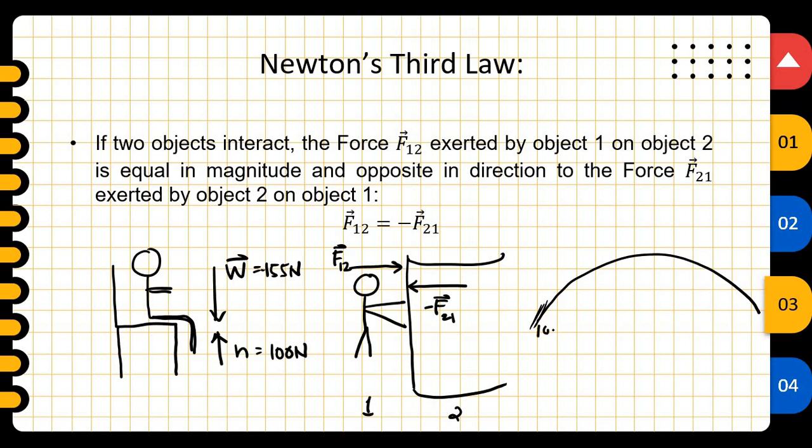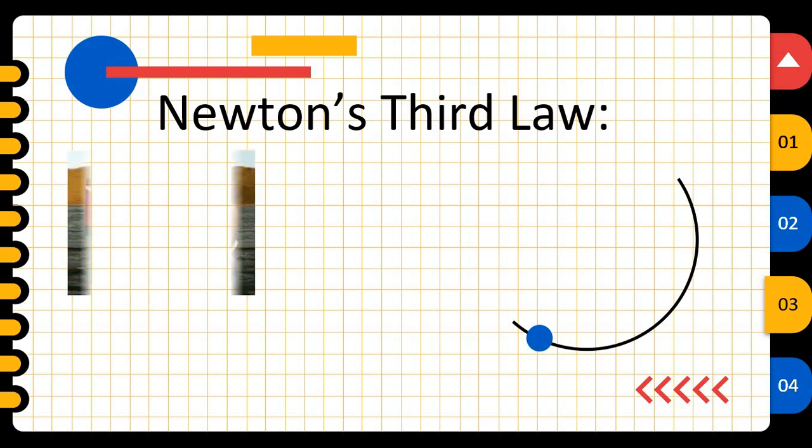Let's say the maximum weight limit of the bridge is 10 tons, and the cars located on the bridge exceed 10 tons, then the bridge would eventually crumble, or be broken into two. All right. So other examples of Newton's third law on a daily basis would be these.